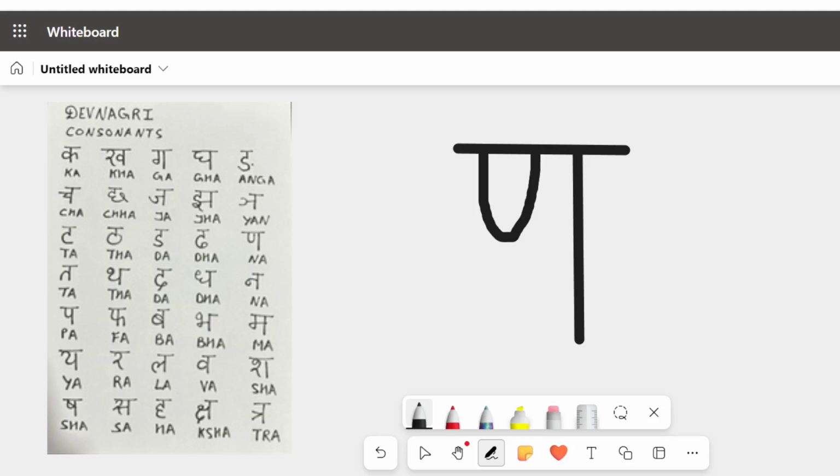Next one is retroflex aspirated D, written as Dha. Last one is retroflex N, written as Na. I'll read out the row again.